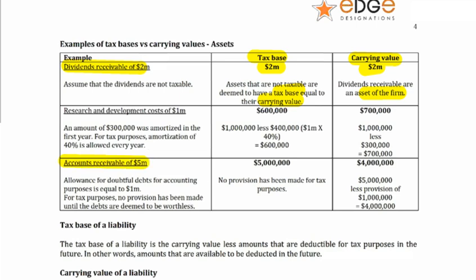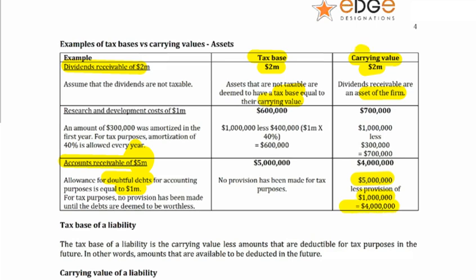This is an interesting one. Okay, for accounts receivable, I've got what we call a doubtful debt provision. I think about $1 million worth of my 5 million are going to go bad. So for accounting purposes, I say, well, I've got $5 million worth of accounts receivable. I think $1 million will go sour.